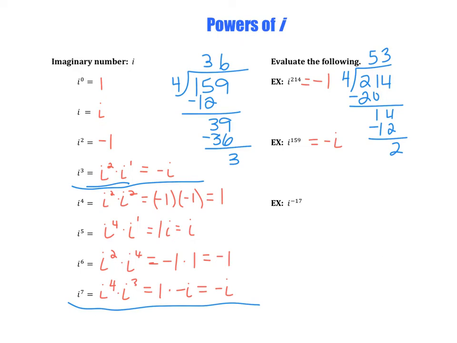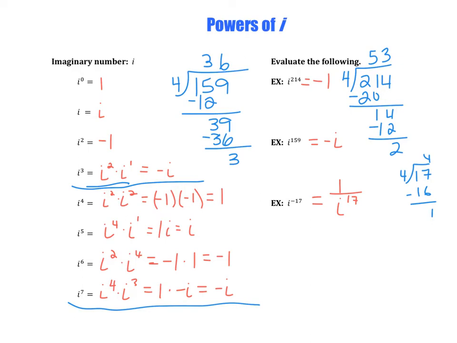Now for this next one, notice it's i to the negative 17th power. The first thing I would do is rewrite this as 1 over i to the positive 17th power. Then I would do my division. 17 divided by 4 is going to give us a remainder of 1.